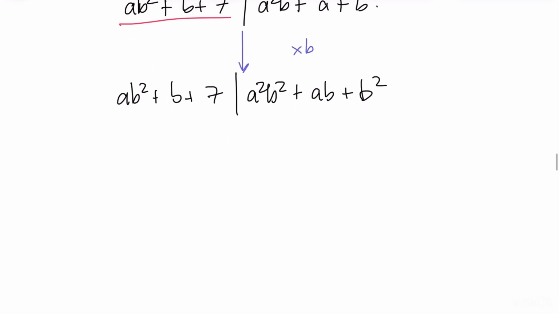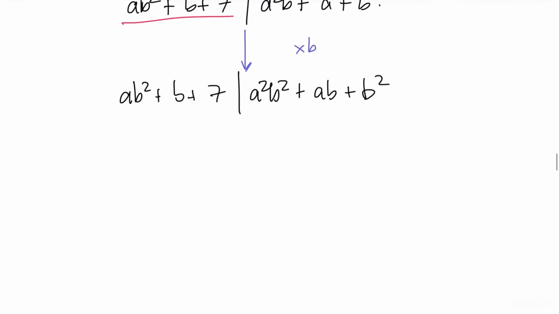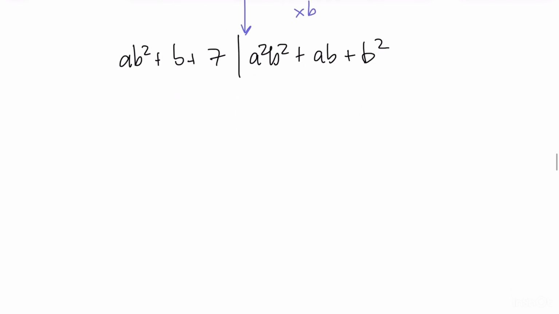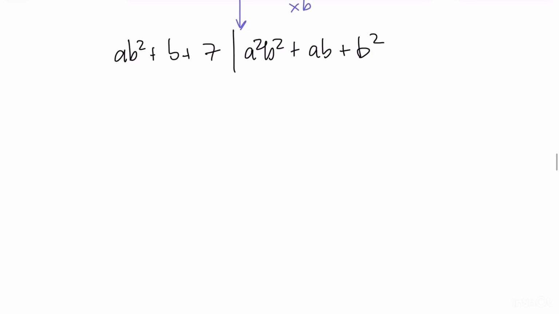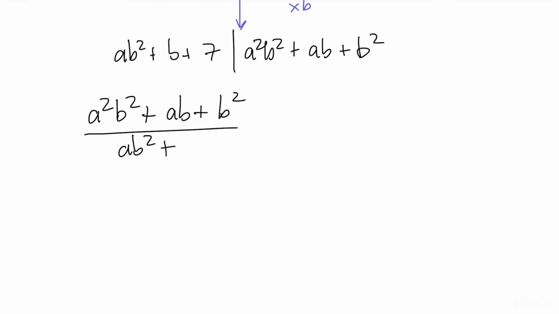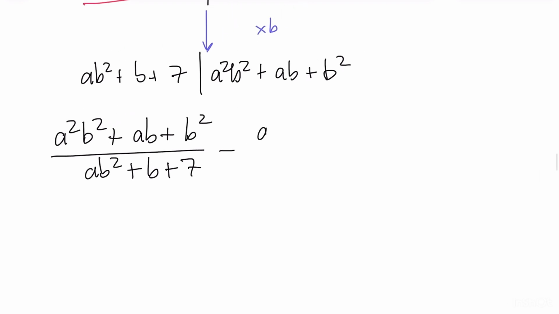Now I'm going to write this in fraction form because I think it will make my next step a lot clearer. So I'm going to write it like this. Now what I'm going to do is subtract a times ab squared plus b plus 7.